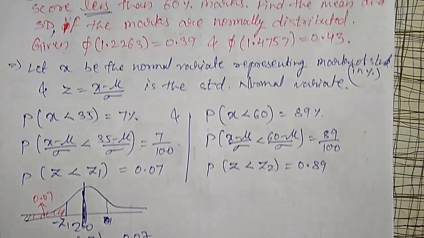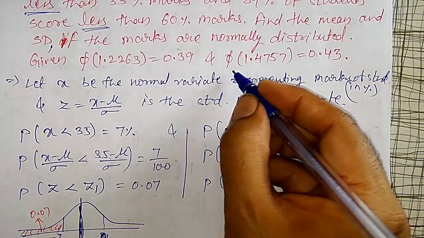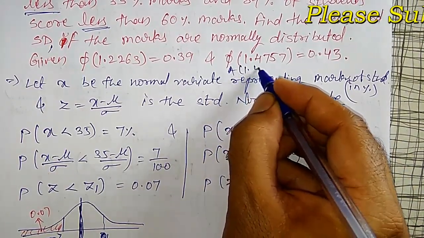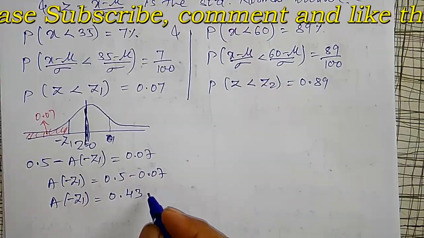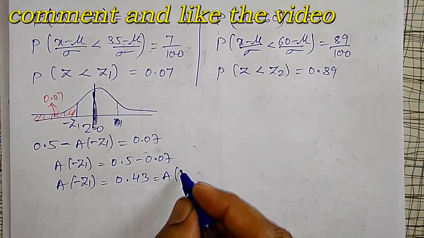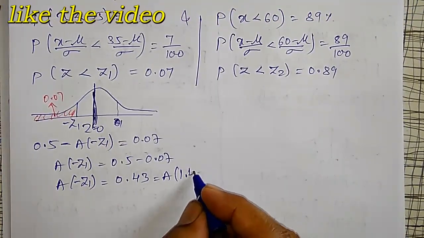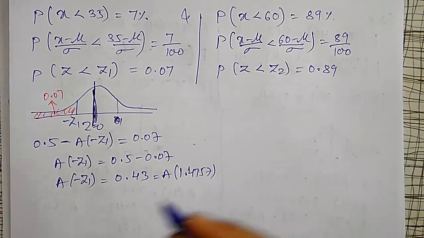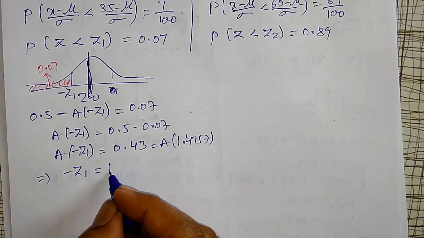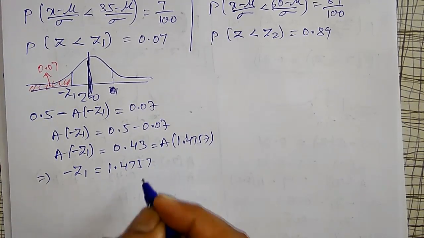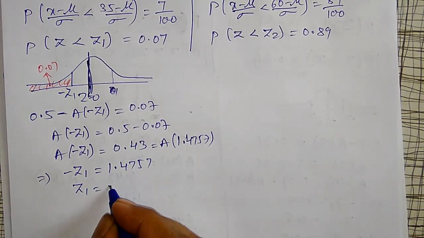Indirectly, in the problem they have given phi of 1.4757 is nothing but A of 1.4757 equal to 0.43. Therefore I can use here A of 1.4757, which implies minus z1 is equal to 1.4757, or z1 is equal to minus 1.4757.